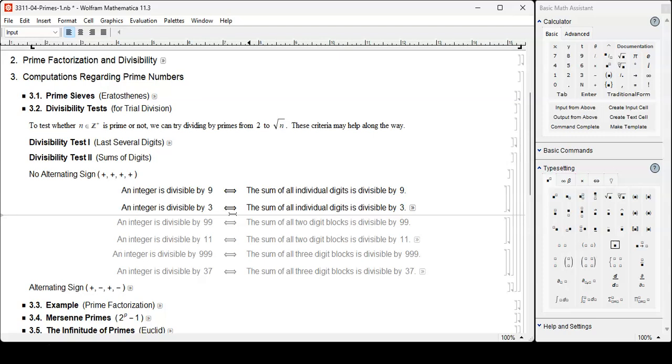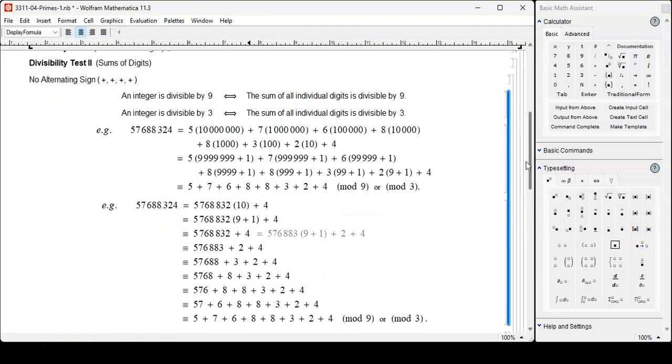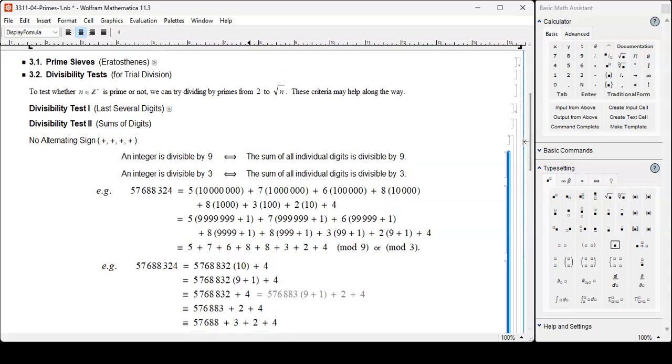An integer divisible by 9, also an integer divisible by 3, all you have to do is test the sum of individual digits. Again, let's work it out with examples. As for rigorous proofs, by setting up a power series with some symbols, A0, A1, A2, those kinds of things, I'll leave those to you.